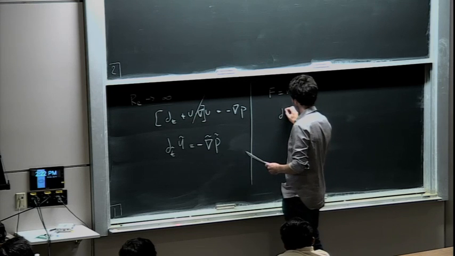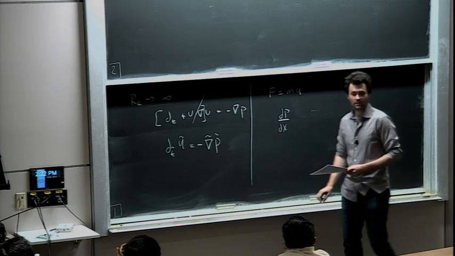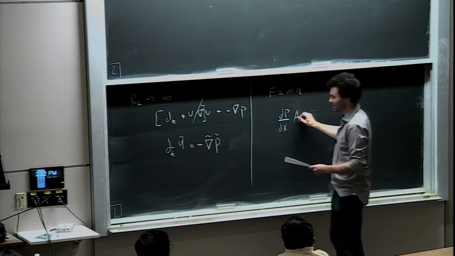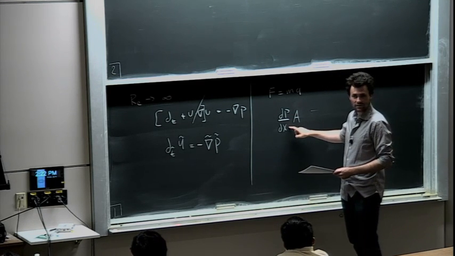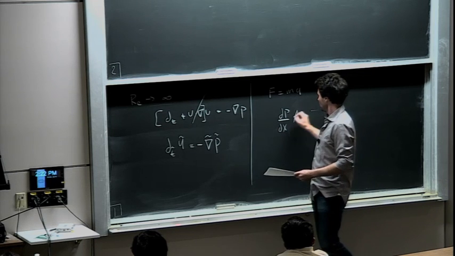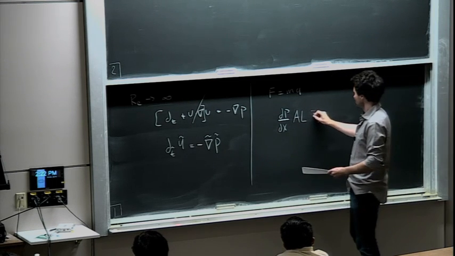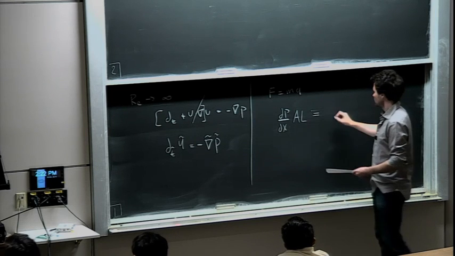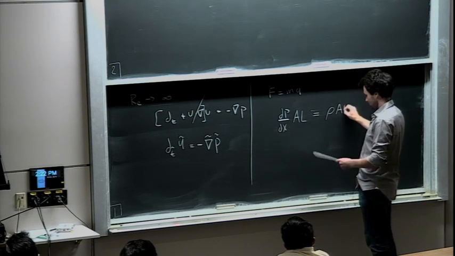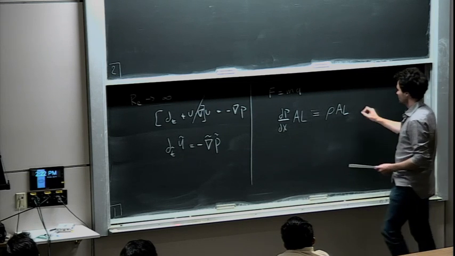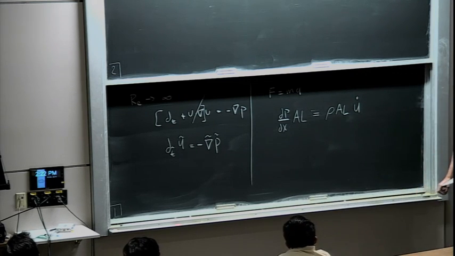There's a pressure. Good. What do I need to make this into an F? I have to multiply it times the area of the channel. But this is not the pressure, this is the pressure gradient. So for the pressure difference, I also have to multiply times the length of the channel. And then on the right-hand side, I have the mass. Well, the mass is the density times the area times the length, exactly, times the derivative of the velocity.